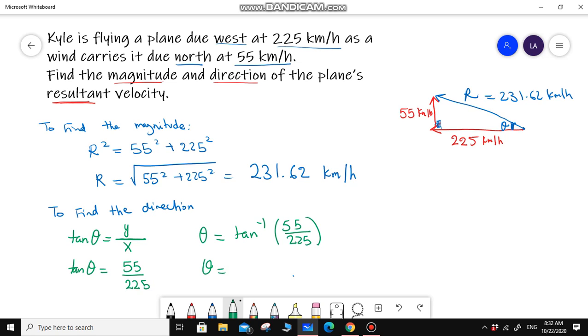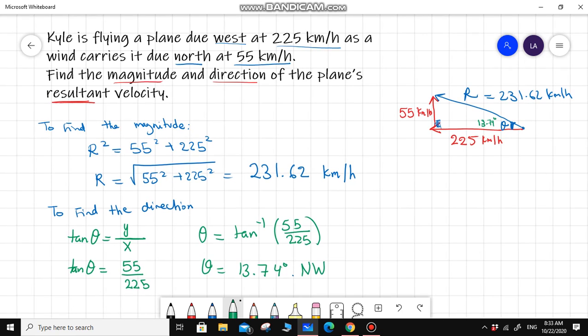You will get here the angle, which is around 13.74 degrees. So this angle here at the tail of R is 13.74 degrees. We learned before how to describe this angle. This angle is touching or closer to the west direction and toward the north. So it is north of west.